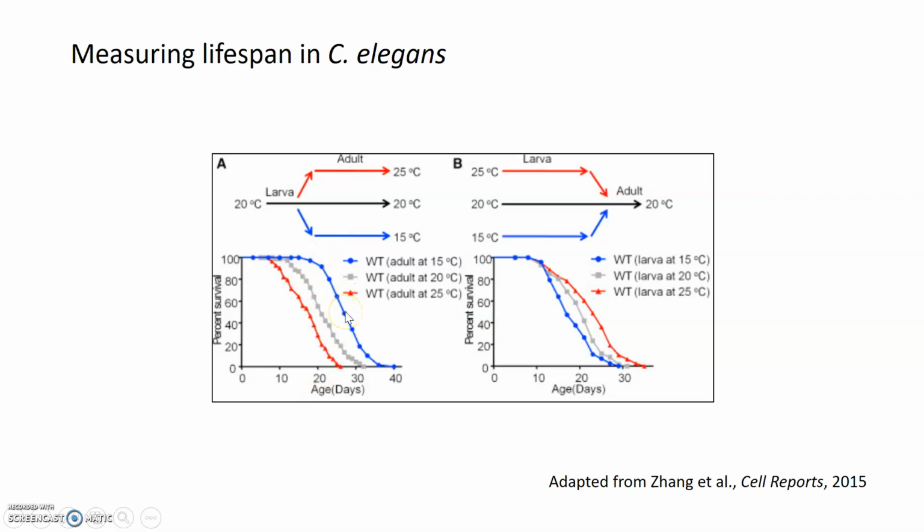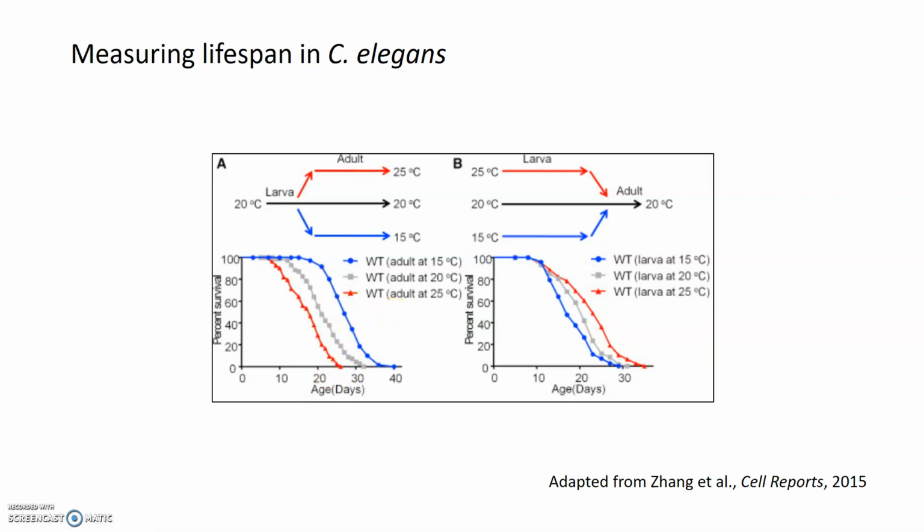And then the average, our mean lifespan, is calculated by looking at the number of days when there are 50% of the worms still alive. And so the mean lifespan of an adult that's been raised at a higher temperature than normal, or 25 degrees, is about 18 days. The mean lifespan of an adult worm raised at 20 degrees is about, say, 23 days. And at 15 degrees, it's like 27 days.